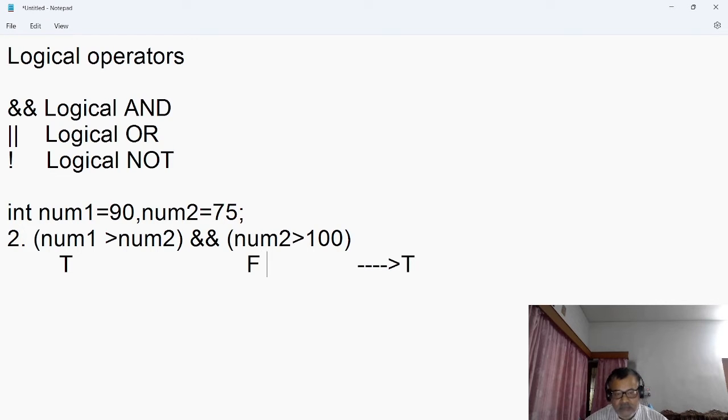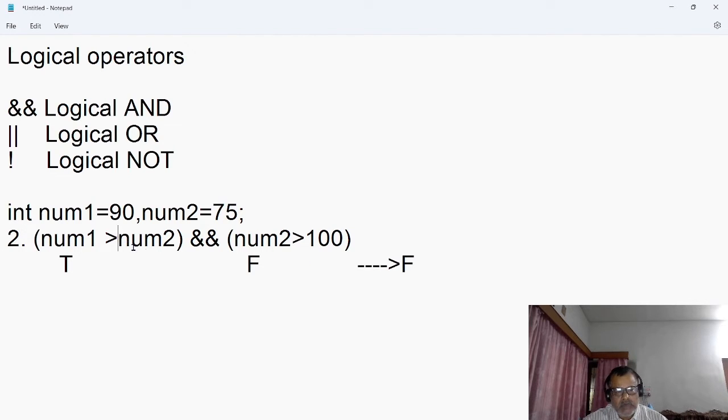If one is true and another one is false, then you will get false. It means in logical AND we will get true if both the expressions are true, and if one expression is false, we will get false.